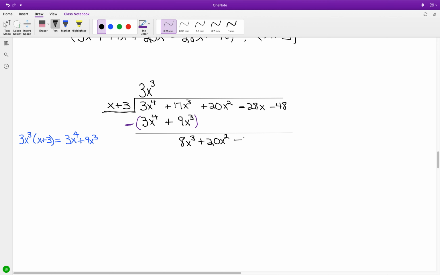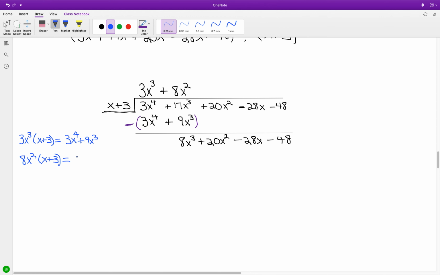And at the next stage, we have x from x plus 3 going into 8x cubed, and 8x cubed divided by x is going to lead to the next term in the quotient. So we will have 8x squared, and distributing, you have 8x squared times x plus 3.